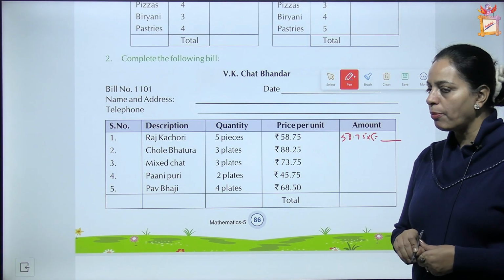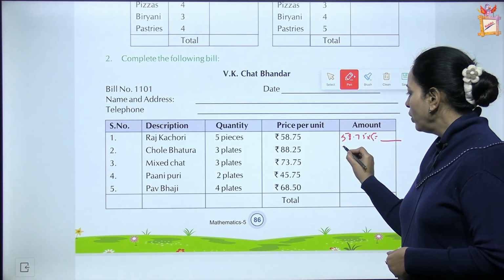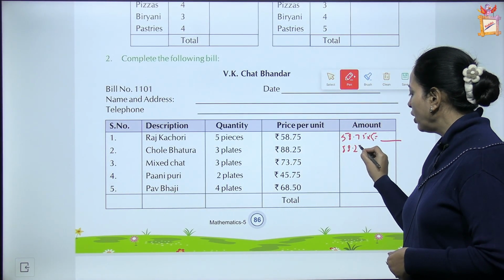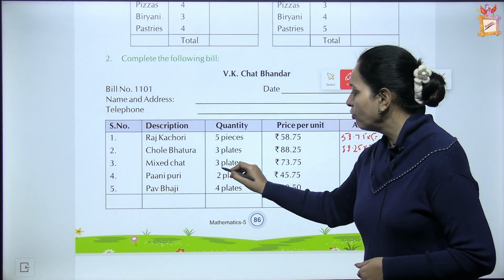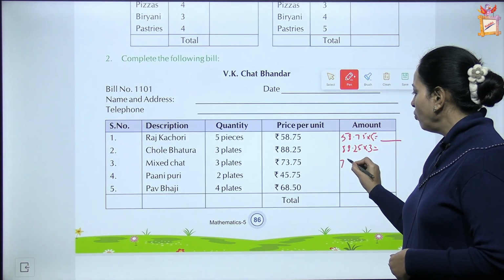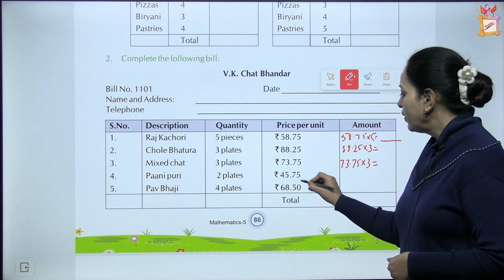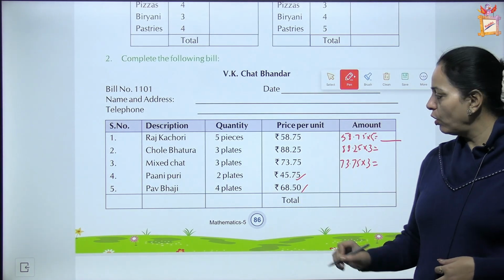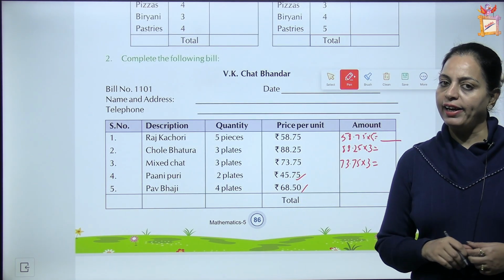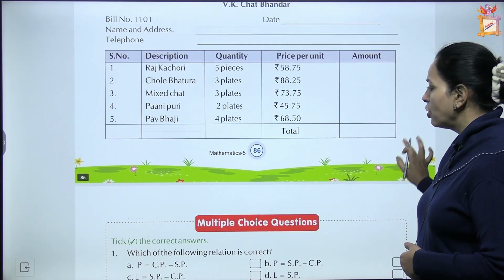We can find the amount. Similarly chole bhature 3 plates, so 88 rupees 25 paise multiply by 3. Now mixed chaat 3 plates 73 rupees 75 paise multiply by 3. Then this multiply by 2 and then this multiply by 4 and then calculate and then find the total. I hope this is very much clear to you.